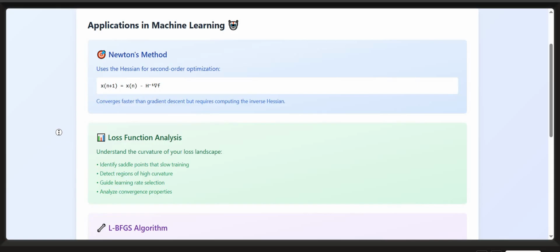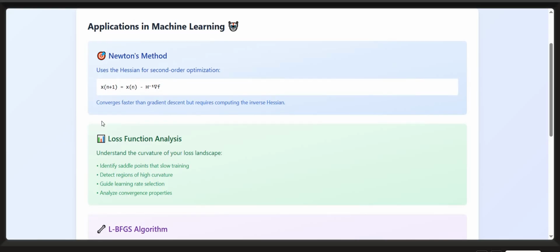So now let's talk a bit about how the Hessian actually shows up in practice, especially in machine learning workflows. Let's start with Newton's method. This method is a second order optimization algorithm, which means it uses both the gradient and the Hessian to figure out where to move next.